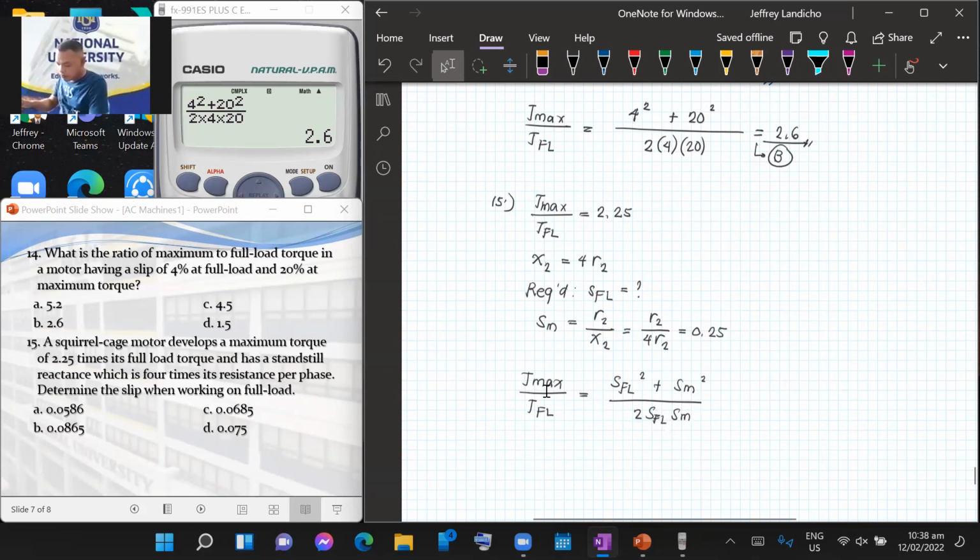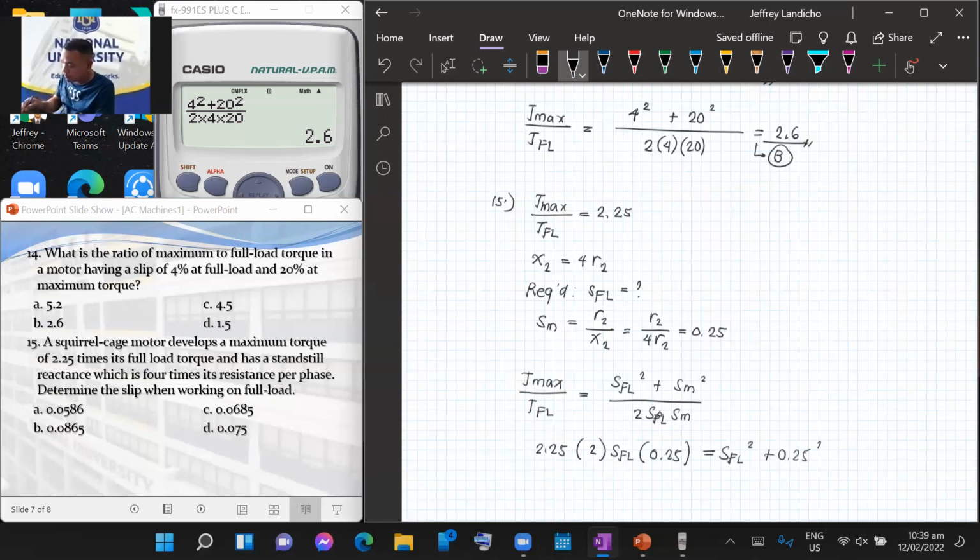So you just cross multiply this value. So you have 2.25 times 2 times the required value as full load times 0.25 as full load squared plus 1.0.25 squared.